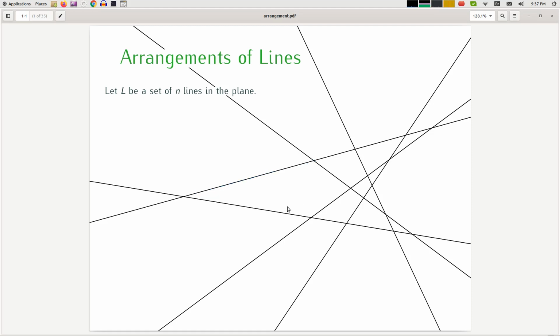Building this complex structure together with the doubly connected edge list that stores it is the problem of computing the arrangement of lines. Just to remind you, the doubly connected edge list will create a vertex object for each one of these vertices, an edge object for each edge, and a face object for each one of these faces.